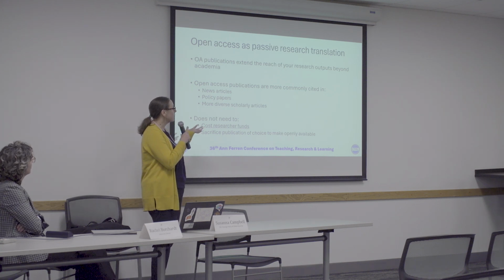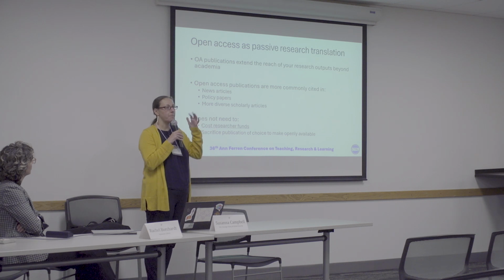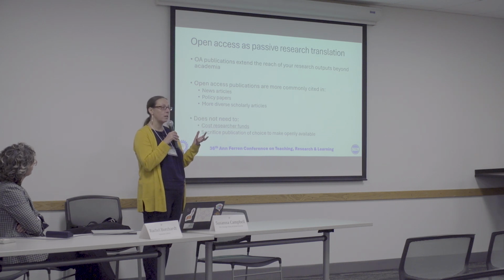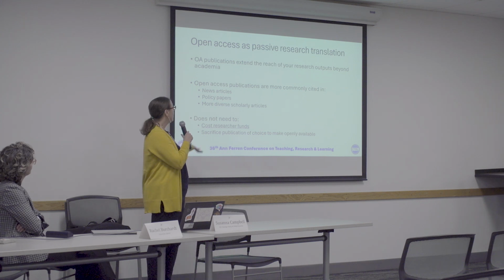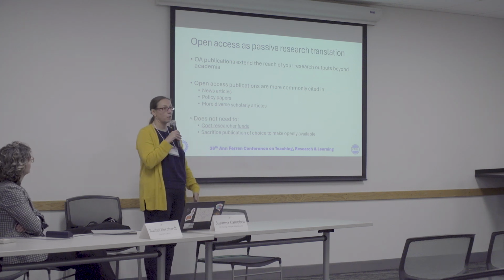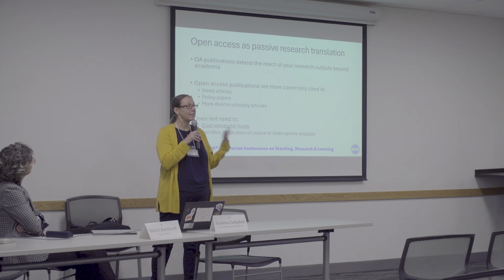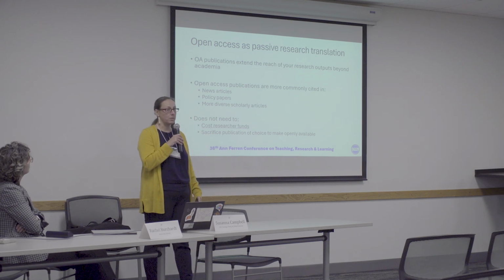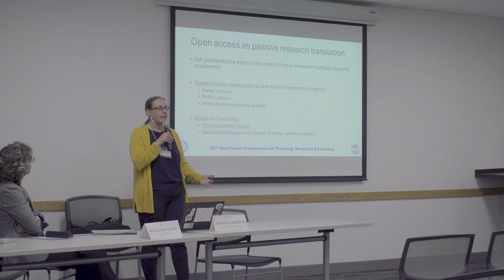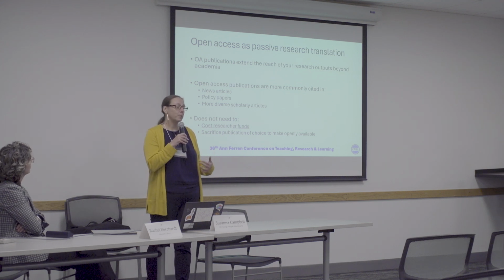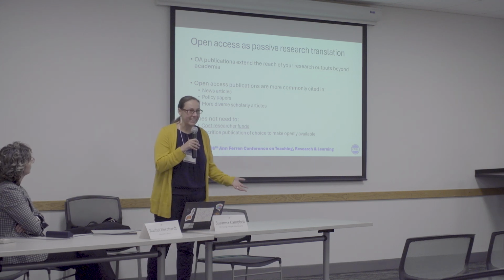So there is plenty of research that making your publications open access does benefit diverse audiences beyond academia, including journalists. Journalists are aware of open access, and are more likely to be citing and using open access research in their news stories. Policy papers are more likely to be citing open access for the very simple reason that they can access it, right?